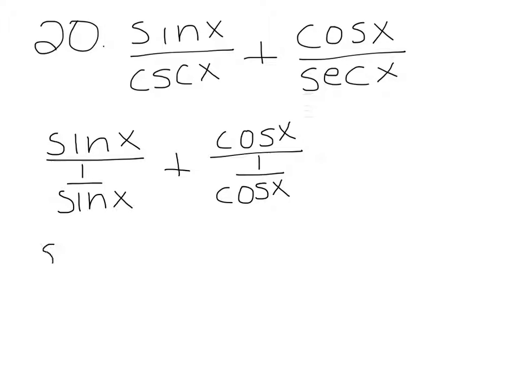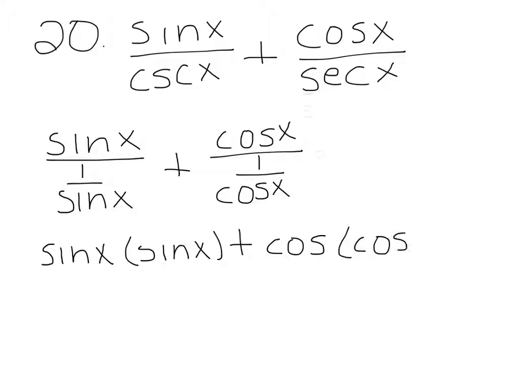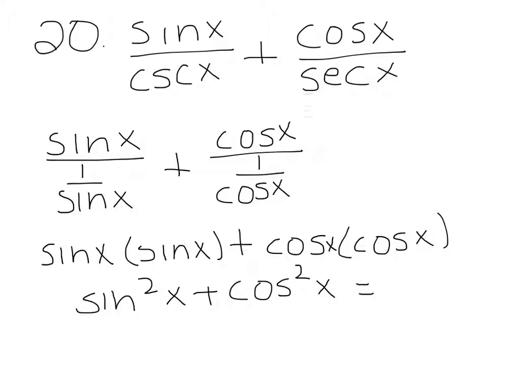So this is the same thing as sine of x times sine of x plus cosine of x times cosine of x. Oops, forgot my x there. So sine squared of x plus cosine squared of x is equal to a happy 1, and done.